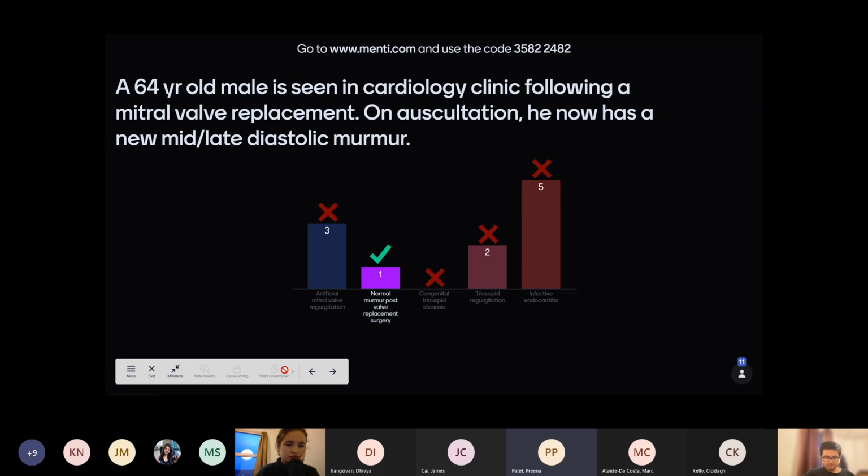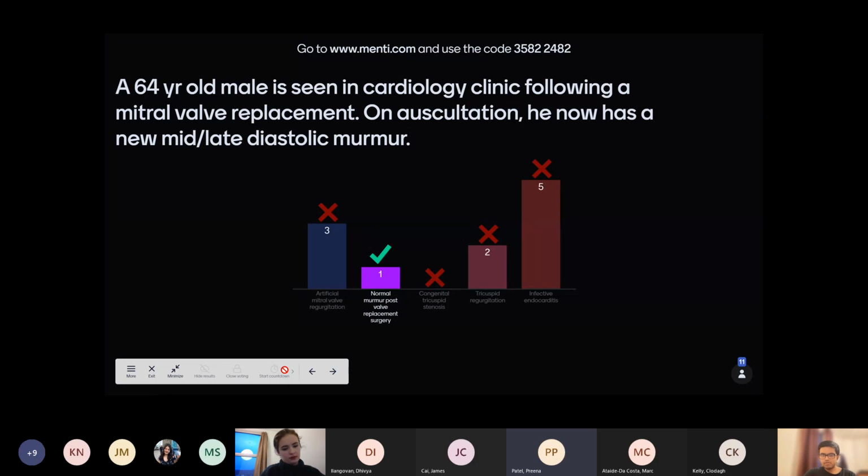But if he has just had a valve replacement, and maybe it was for infective endocarditis, that would have been treated first. So it's really unlikely that they'd replace the valve and not check that you don't have endocarditis, and then you've got it again. So good shout, but that wasn't the right answer.